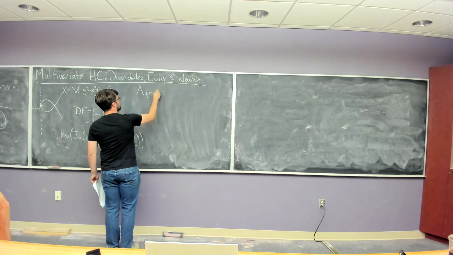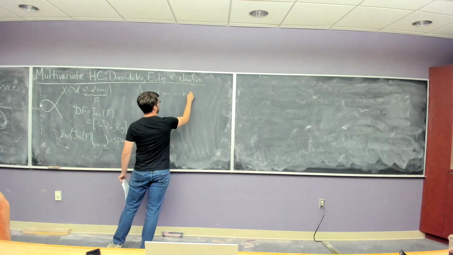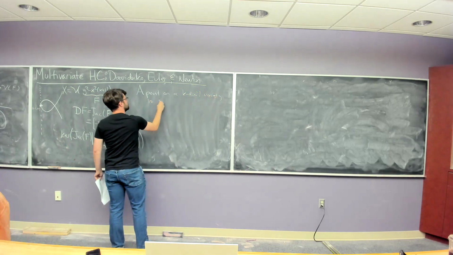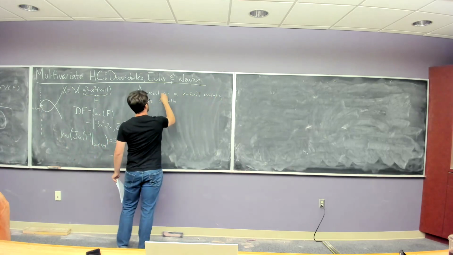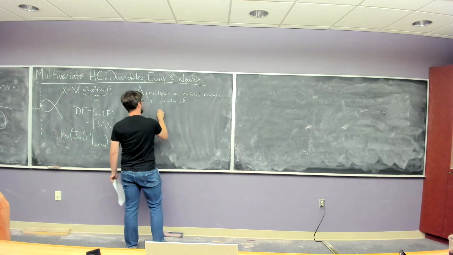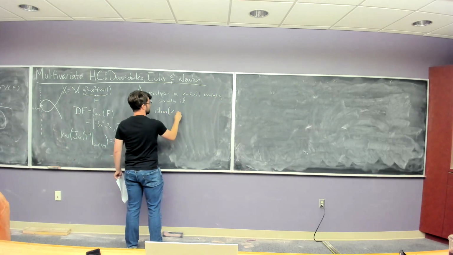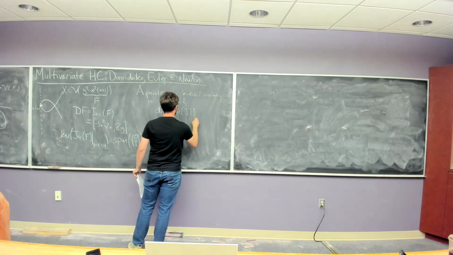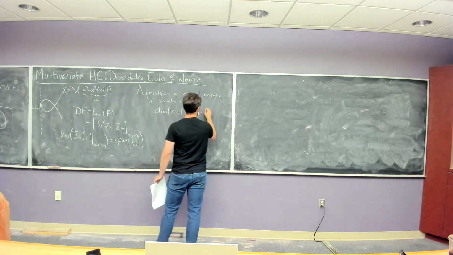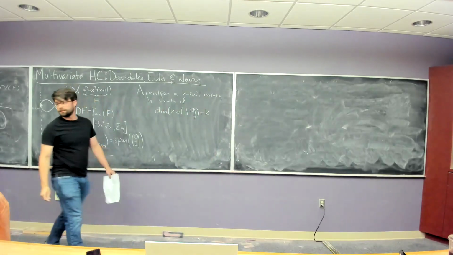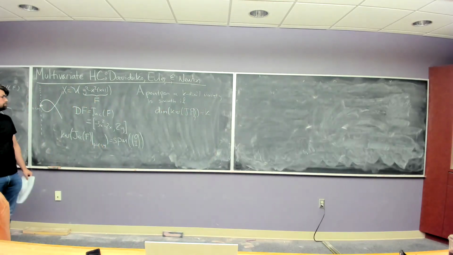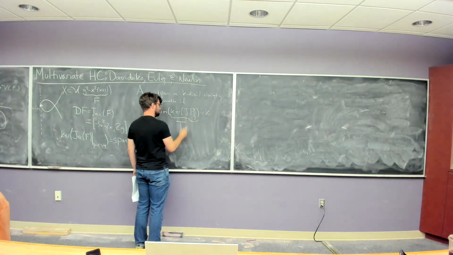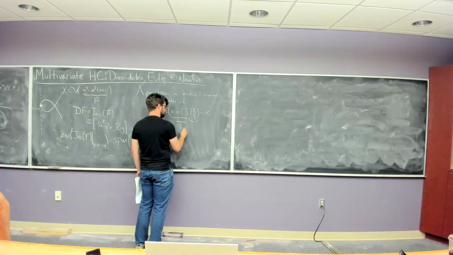So a point on a k-dimensional variety is smooth, say a point P, if the dimension of the kernel of the Jacobian evaluated at P, say this is the tangent space, which we write as T, equals k.